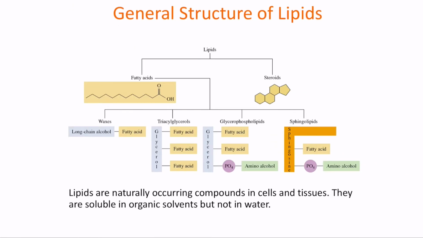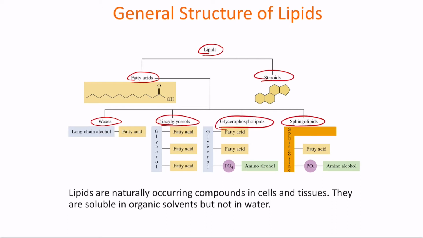So what is the general structure of a lipid? We can classify lipids simply into 2 types. One is fatty acids, the other is steroids. Fatty acids can be further classified into 4 types: waxes, triacylglycerols, glycerophospholipids, and sphingolipids. Steroids are a single class of compounds. In waxes, you have a long chain alcohol attached to a fatty acid.